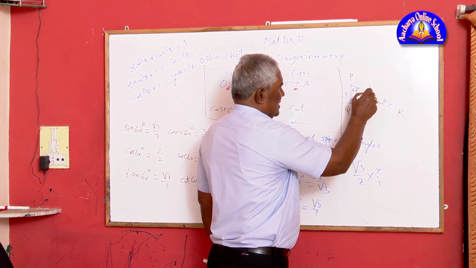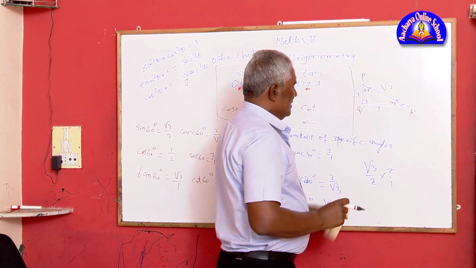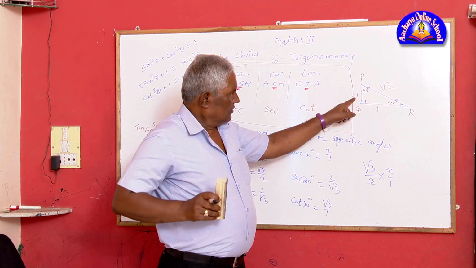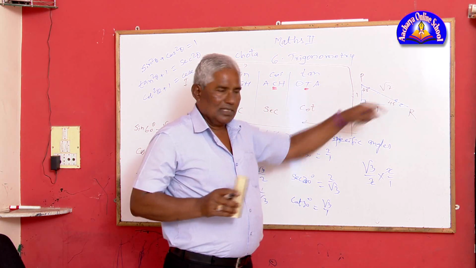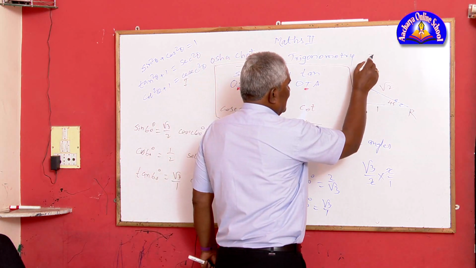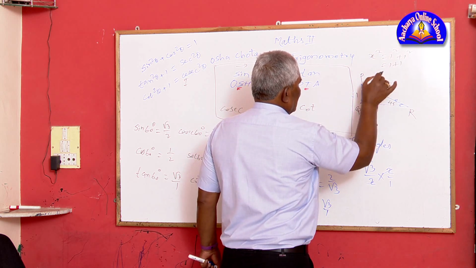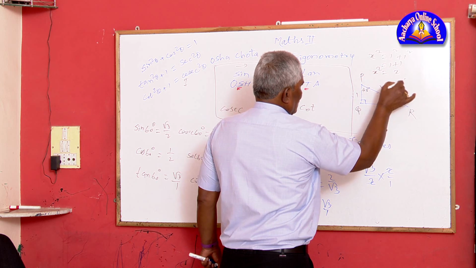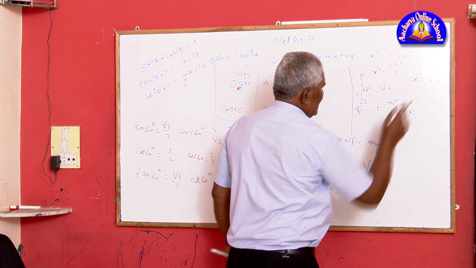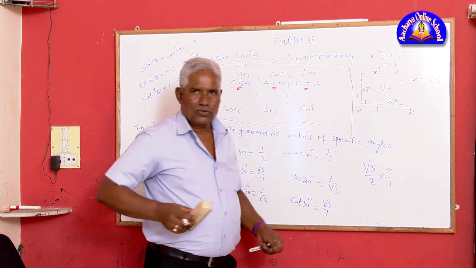And by Pythagoras theorem you will get this. Pythagoras theorem is that this square plus this square is equal to this square. Suppose PR is x, then x square is equal to 1 square plus 1 square. X square is 2. By taking square root, you will get x is equal to root 2.